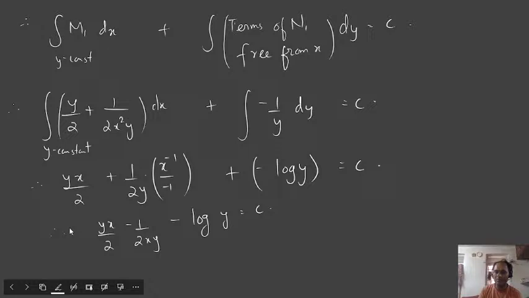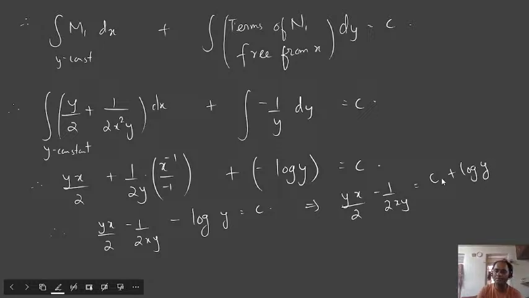Max what you can do, if you want to, I would suggest you can write yx by 2 minus 1 over 2xy. Now this log y might go to the other side, right?